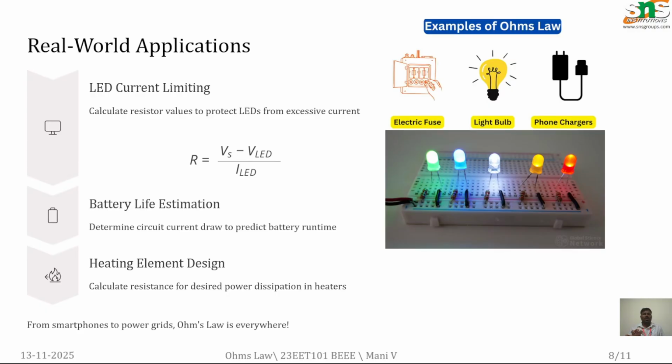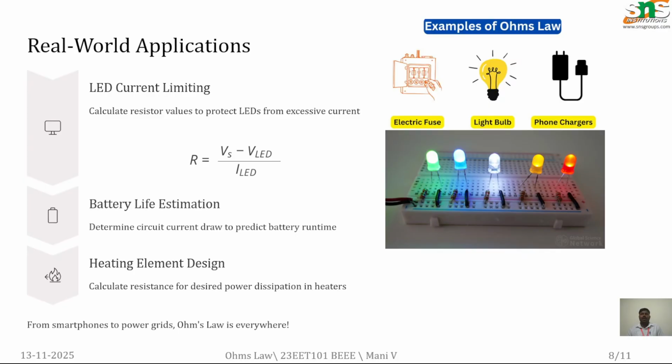These are some of the real-world applications, like the fuse used in residential or commercial applications, light bulbs, and phone chargers. Here we use an LED with current limiting, because if you give 230 volts to the LED, it will burn out.